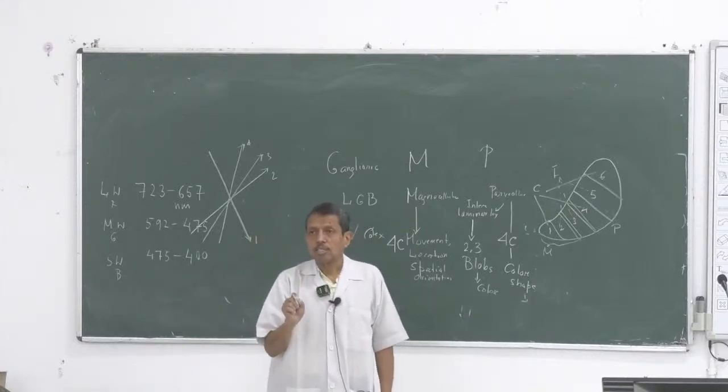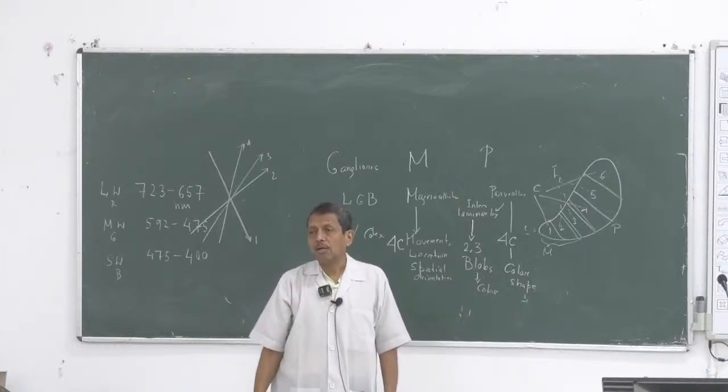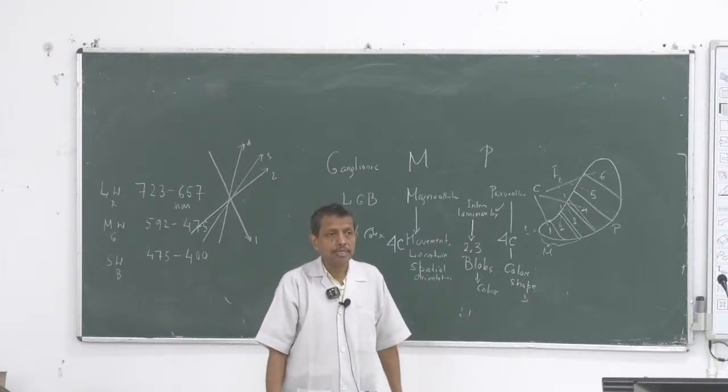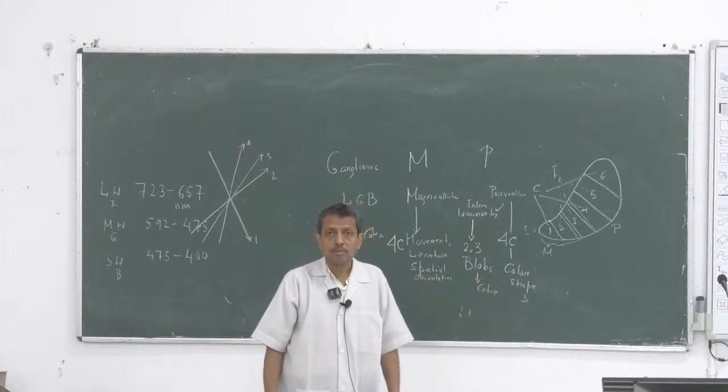These spots are rich in cytochrome oxidase, and after staining they give specific patterns or blobs, and they are at layers 2 and 3, and they also carry these color sensations.